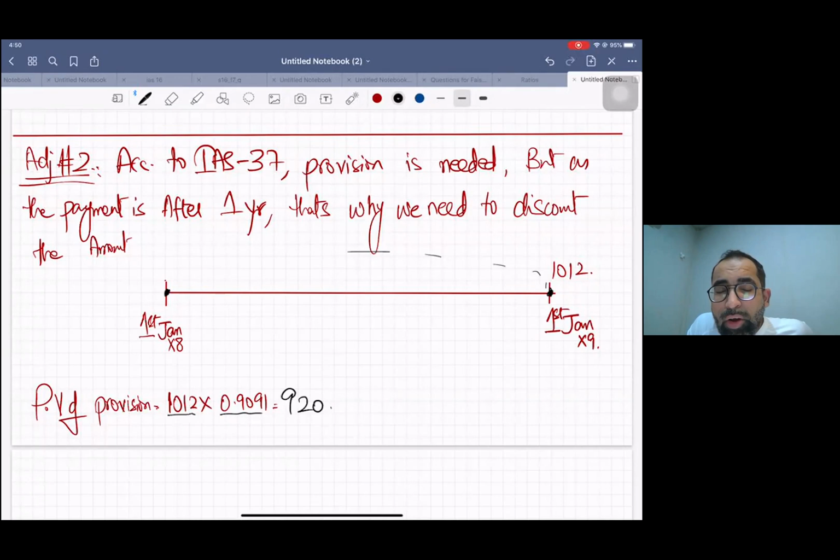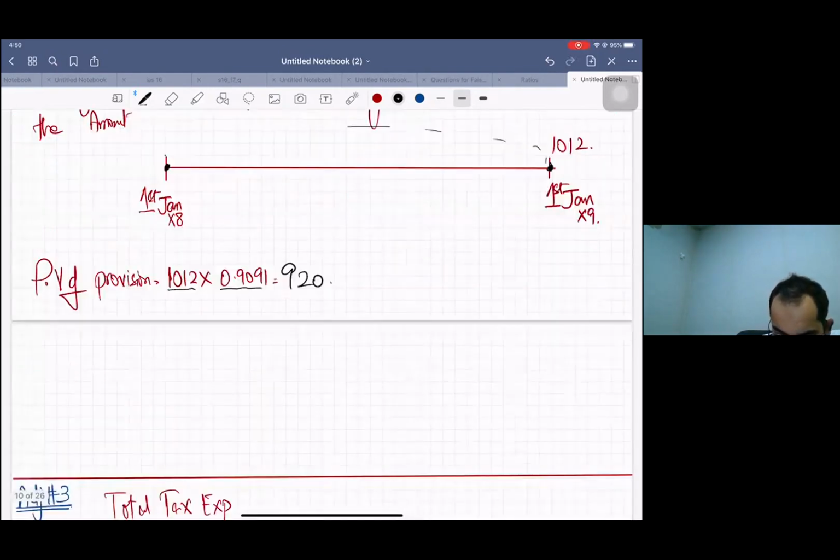The examiner has only made the provision of 800, but the real amount which should be used is 920. So definitely we need to make an extra provision of 120, as only 800k was recorded.